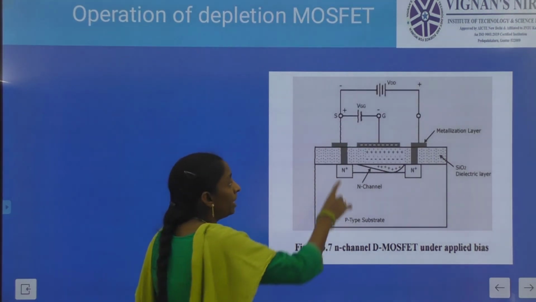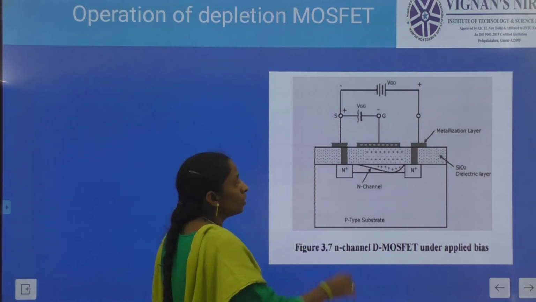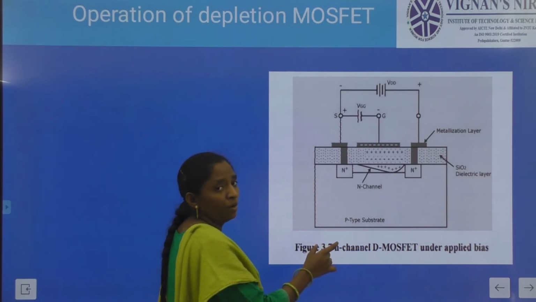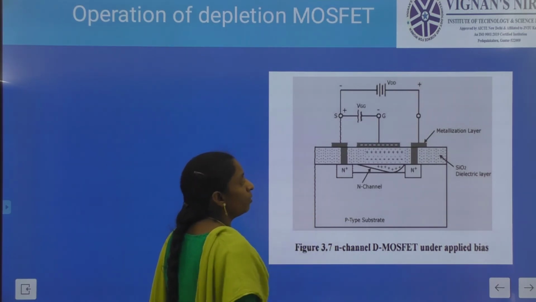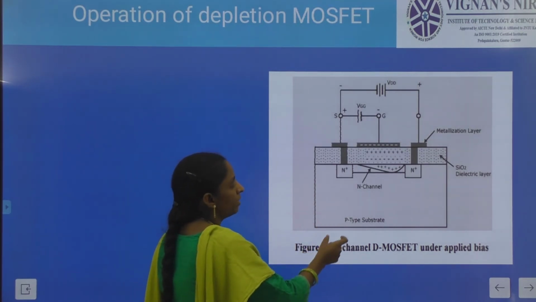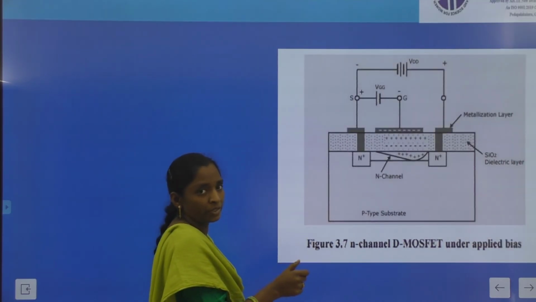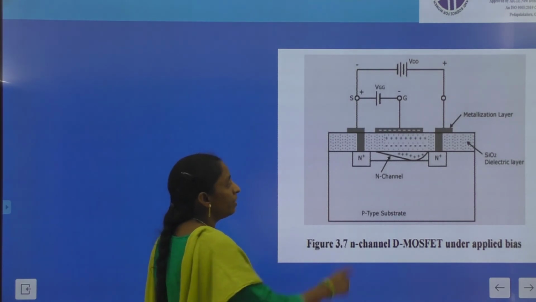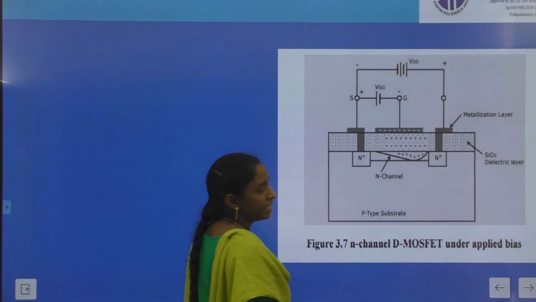And we are applying negative voltage at the gate. So due to the application of negative voltage at the gate, what will happen? A positive charge is induced at the P substrate side. At the source side it is forward bias and at the drain side it is reverse bias.